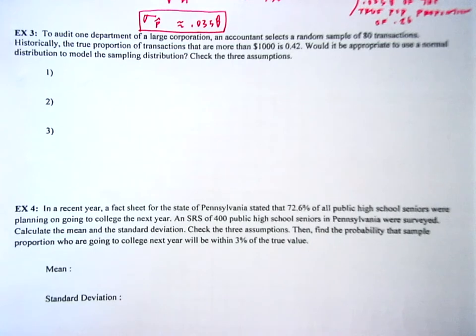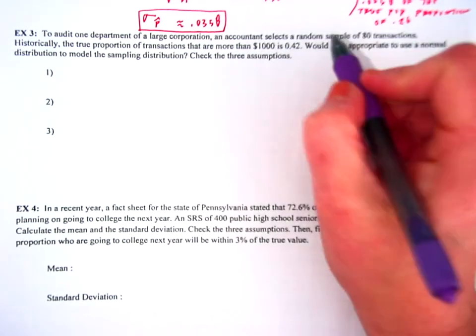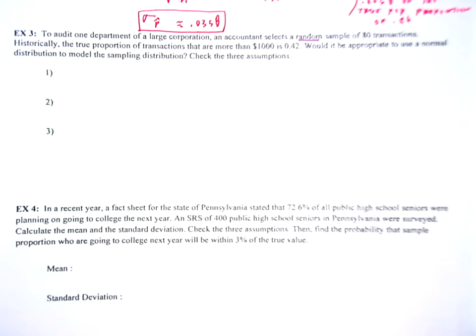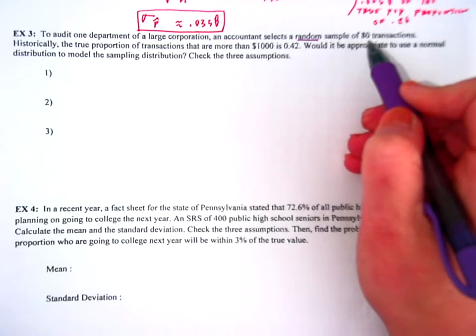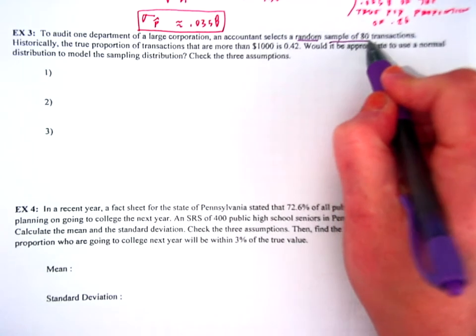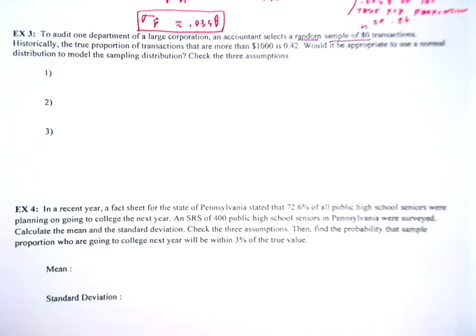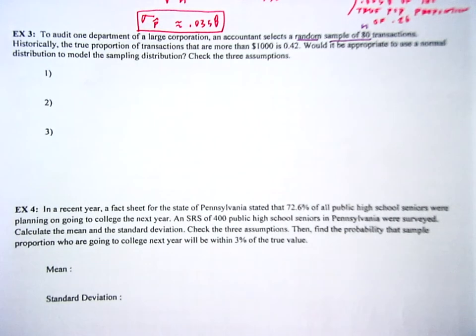I love it. And then I'm seeing sample of size 80, so that's my N value right there. Okay, we're told that historically the true proportion of transactions that are more than 1,000 is 0.42, so it's giving us the true parameter right there, the population parameter or the population proportion, right? That's the same thing.